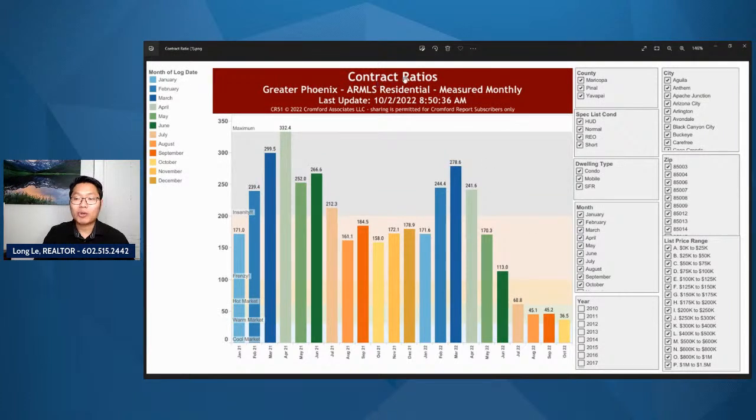The contract ratio is defined as the number of listings under contract over the number of active listings. At a high level, it is the ratio between the listings that are under contract and the listings available.